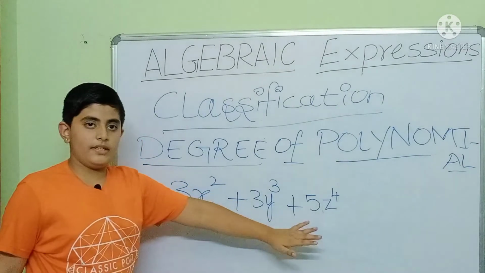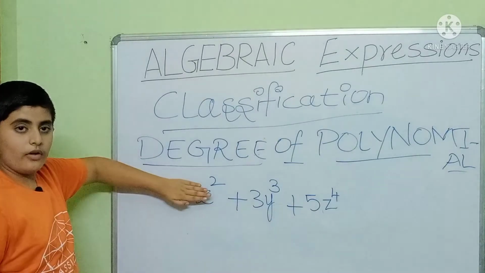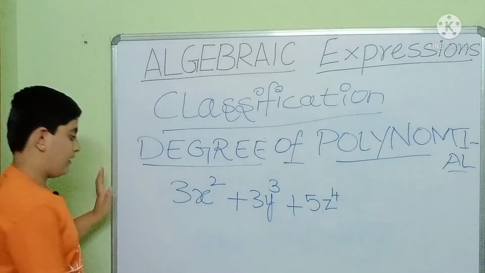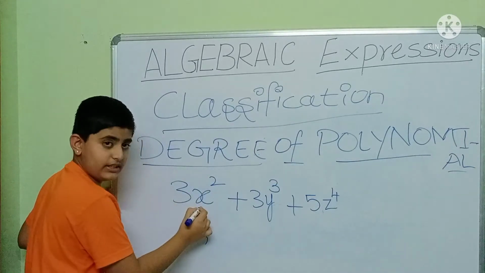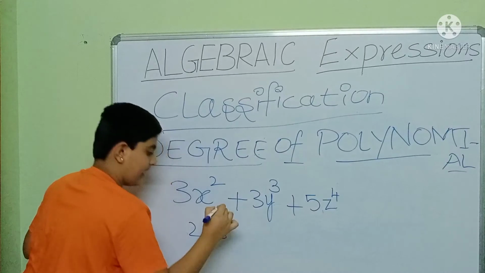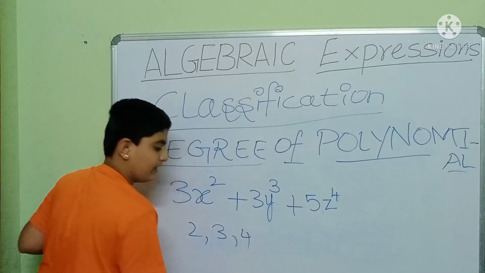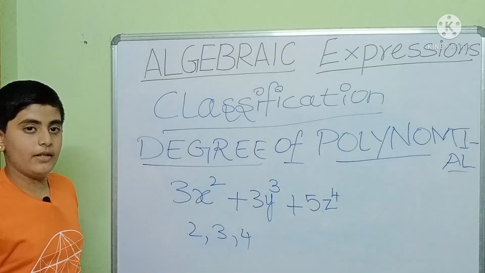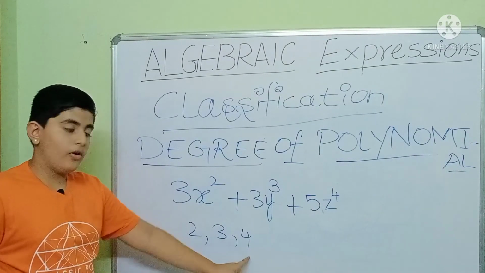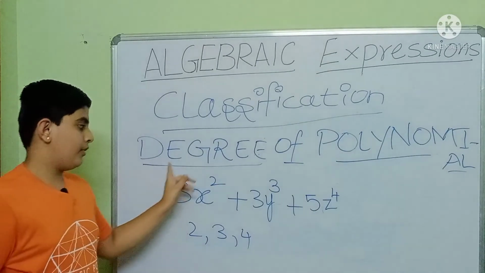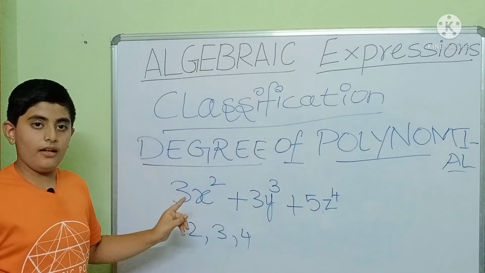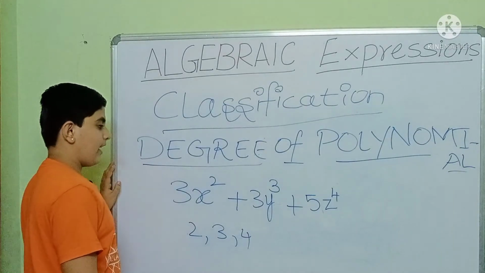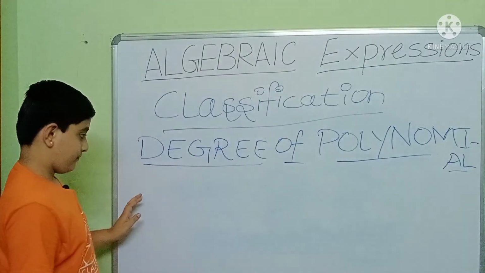So these are terms. We don't need these constants and variables. Let's see the powers. So 2 in the first term and 3 in the second term and 4 in the third term. So in these, what is the greatest number? It is 4. So in this total equation, 4 is the degree of polynomial. Let's take another example.